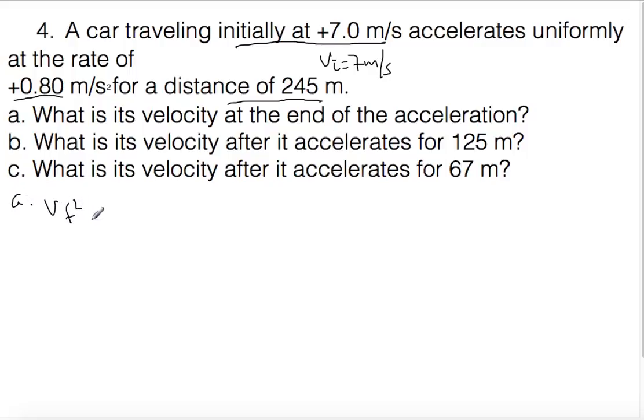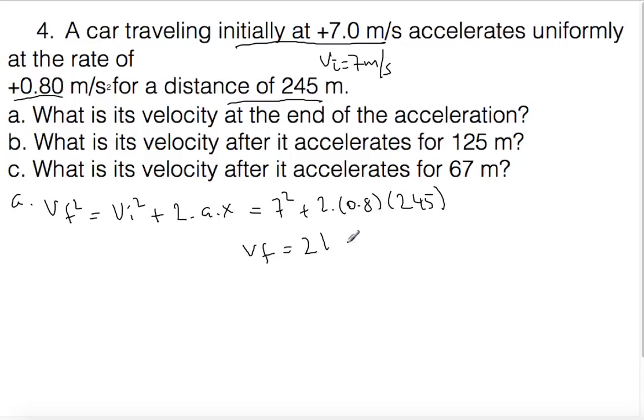Final velocity squared equals initial velocity squared plus, because it moves in the positive direction, 2 times acceleration times the distance taken. That equals 7 squared plus 2 times 0.8 times the distance taken, 245 meters. So the final velocity becomes 21 meters per second when we make this calculation.